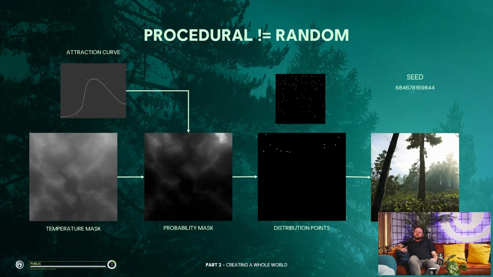So each value is resulting in basically the exact same outcome. So if you change the seed, it will be generated procedurally. You will get a different outcome, but as long as you do not change the seed and you regenerate, this outcome will be always the same. And unless you change the seed again, then you get a new outcome.